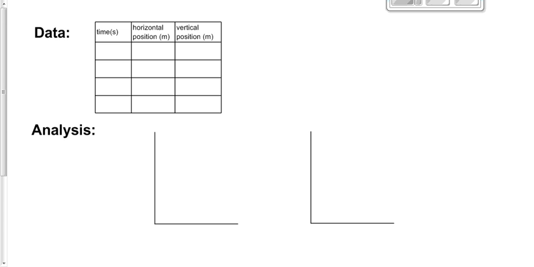Now, we've got to plot two graphs. The first graph is going to be horizontal position versus time, and the second graph is going to be vertical position versus time. In order to do that, I would suggest, in your spreadsheet, creating two tables. You don't need to write it down this way in your lab write-up.